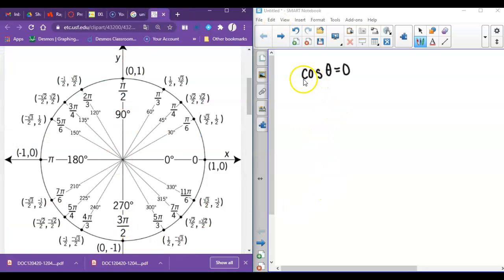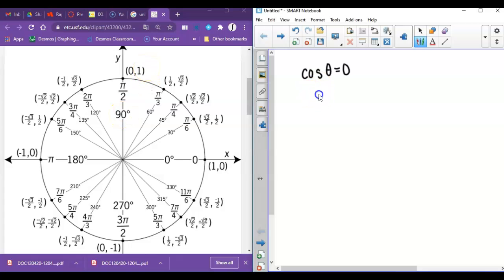And so we are looking for a place where the cosine of theta equals 0. So we're looking somewhere on the unit circle. We're only looking from 0 to 180, where cosine, which is our y-coordinate, equals 0. So if we look at all of our y-coordinates here on that portion of the unit circle, right here is our answer. Theta, of course, is the angle. That's what we're trying to find.